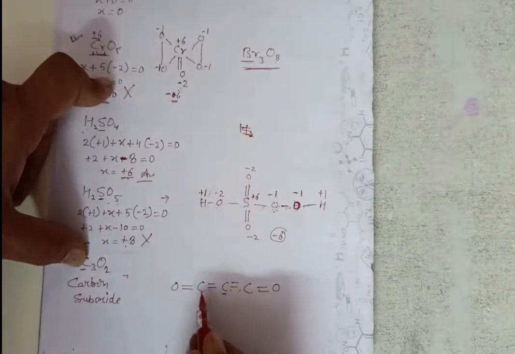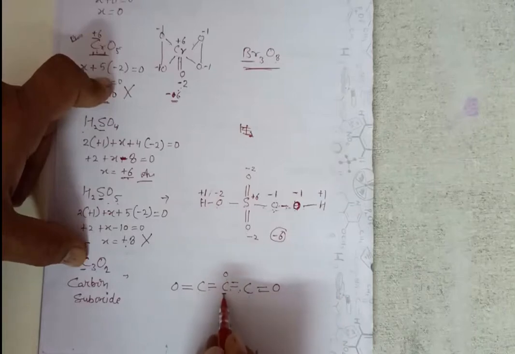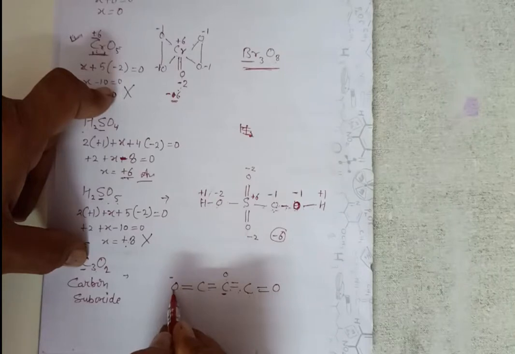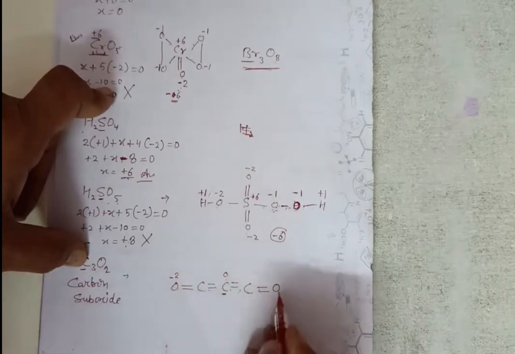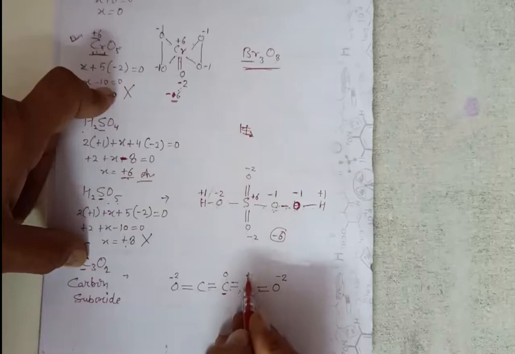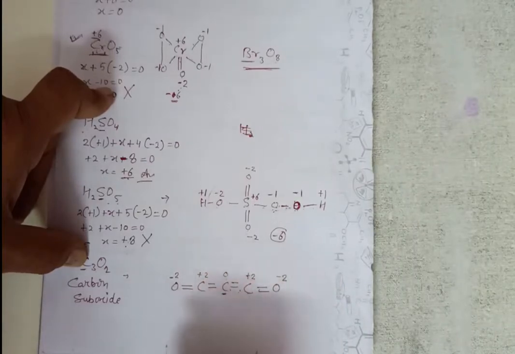If any atom is attached with the same atoms, then the oxidation number of this one becomes equal to 0. Now what about this oxygen? Oxygen is oxide, so the oxidation number of this one is -2. What about this one? This one is also -2 because this is oxide. The reverse is the oxidation number of this carbon. This one is +2 and this one is also +2.